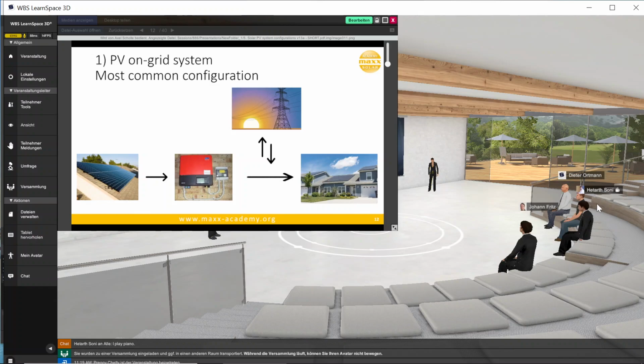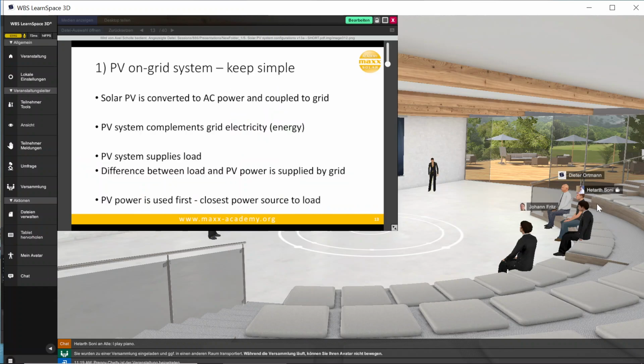So, on the on-grid system, I'm just wondering whether that title, Keep Simple, should really be there. I think not. The on-grid PV system is really solar PV converted to AC, and I think it is important to understand that the PV system doesn't do anything on its own. It complements the grid. If the system fails, everything will still continue, other than that one actually takes in more electricity from the grid.